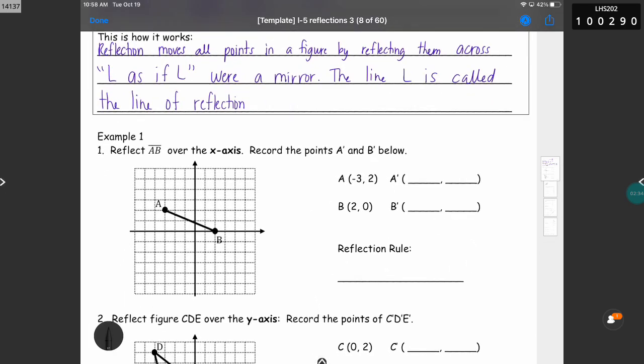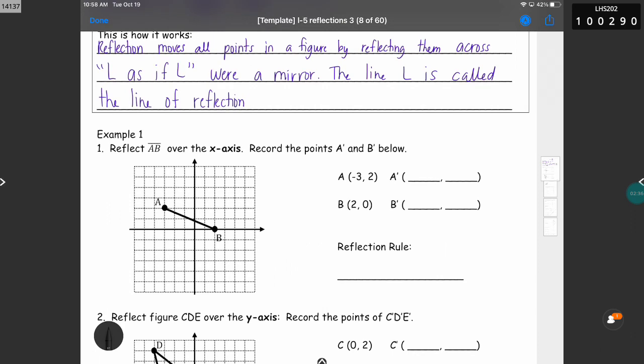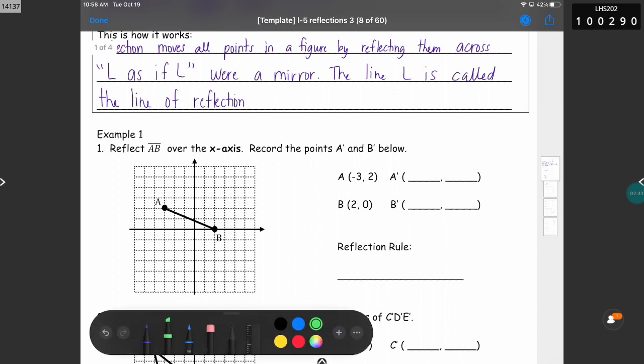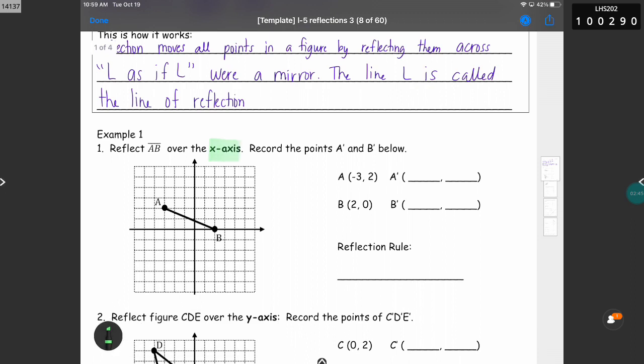Okay, let's look at example 1. Reflect line AB over the x-axis. So what I'm going to do is start off by highlighting the x-axis. I want you to do the same. On your paper, you are going to highlight the x-axis.